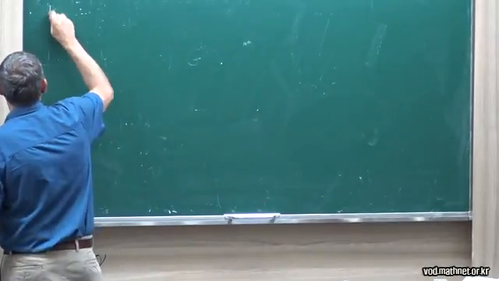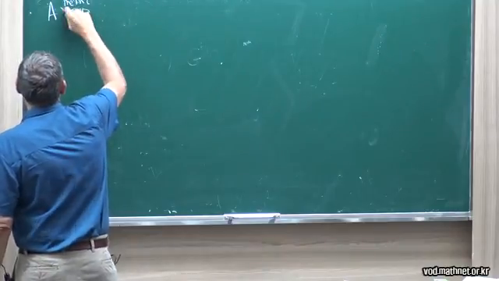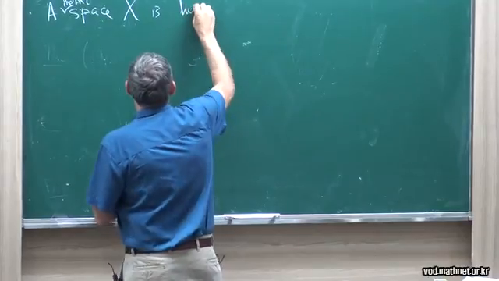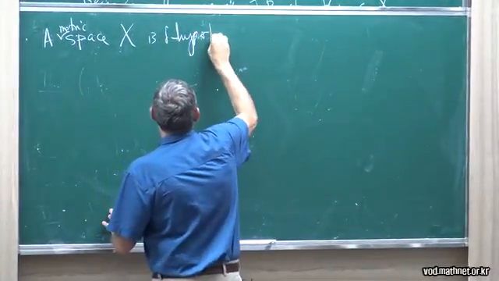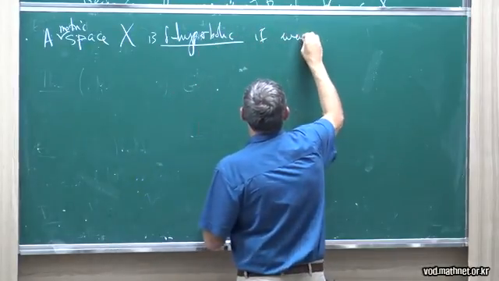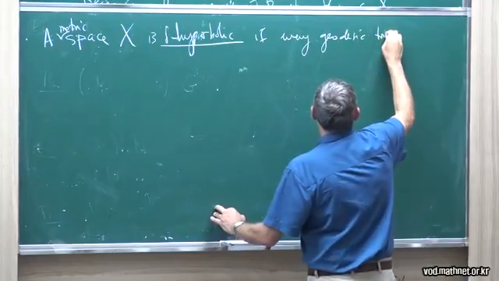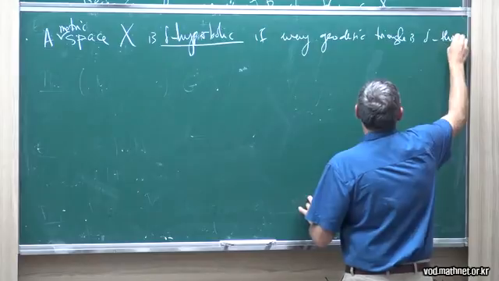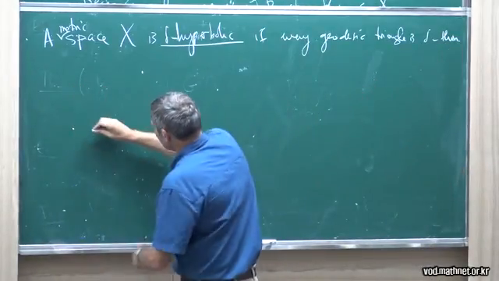So a group or a metric space X is hyperbolic, or let's say delta hyperbolic, if every geodesic triangle is delta thin. Okay, so I take 3 points in the space and I draw geodesics joining them.